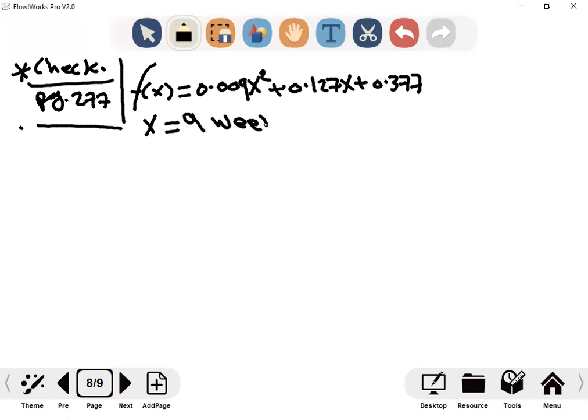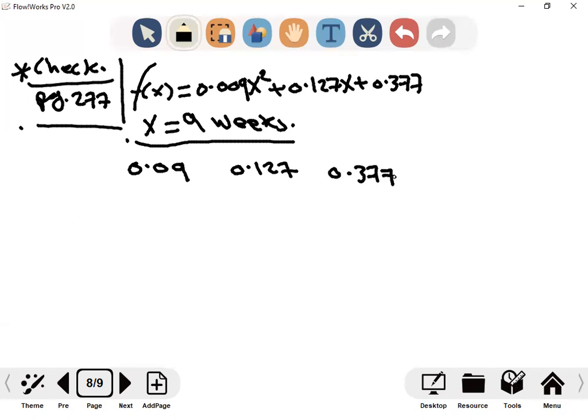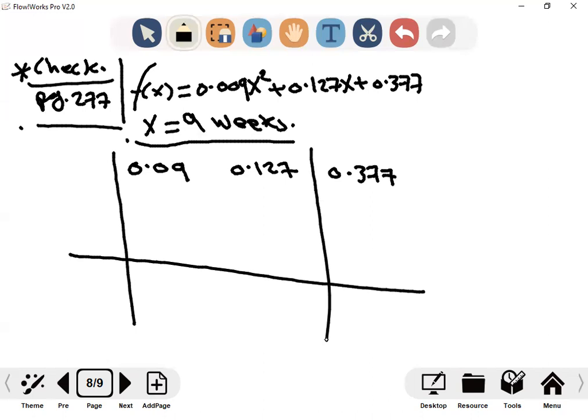9. So to know the ideal weight, just replace x by 9, or we will use our idea, which is the synthetic division. Here power 2, 0.009, 0.127, 0.377, divided by 9, right?